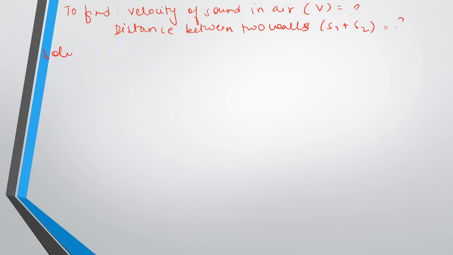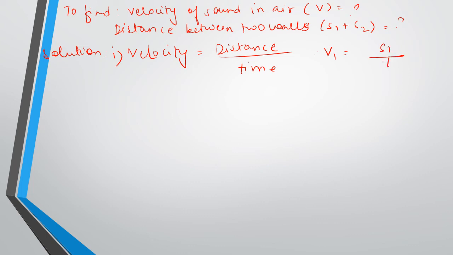So first thing, solution: velocity is equal to distance upon time. So V1 is equal to S1 upon T1. So V1 is equal to S1, which is 660, upon T1, which is 2. So that gives us 330 meter per second.